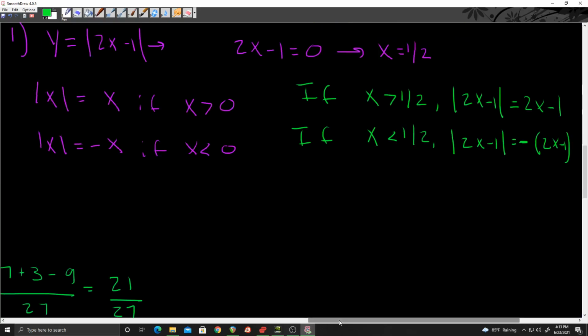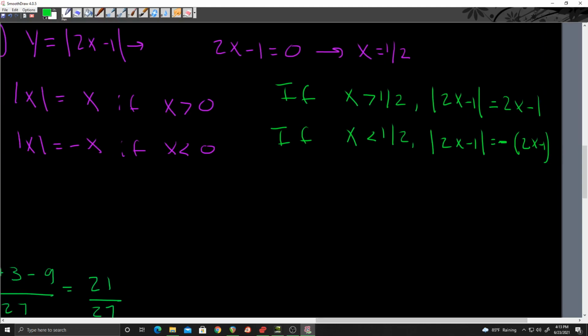Now we can look at this graph. Let's say this is x equal 1, so 1/2 would be here. Say this is 1/2, and this is where everything changes. To the left of 1/2, it's going to be negative of 2x minus 1, in other words, it's going to be like this.